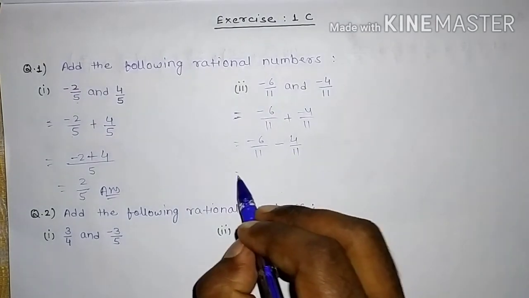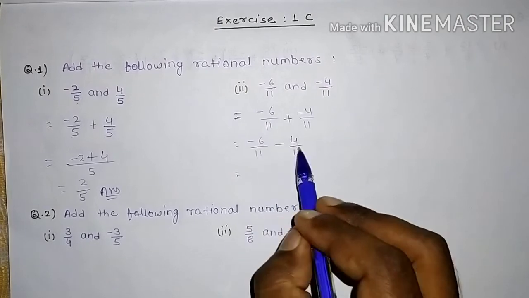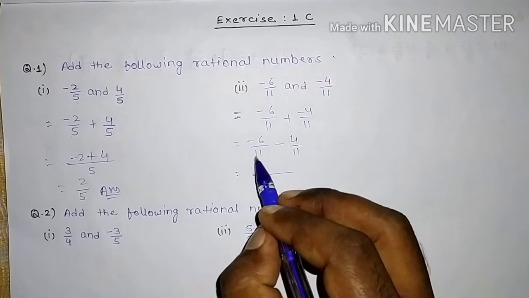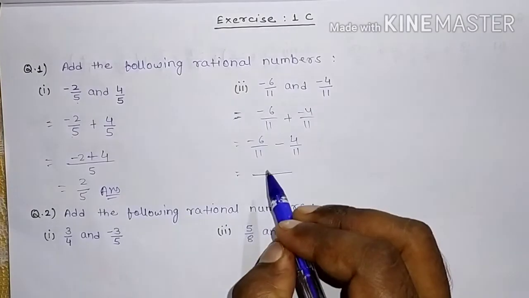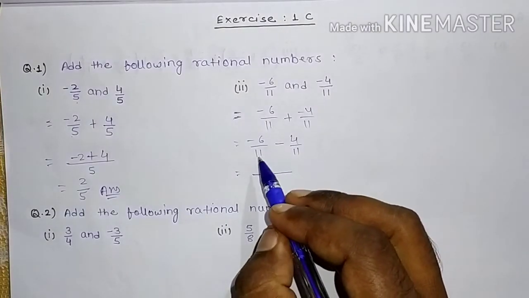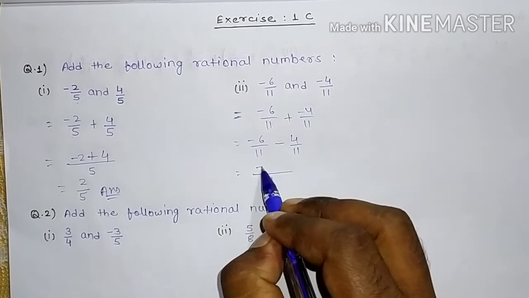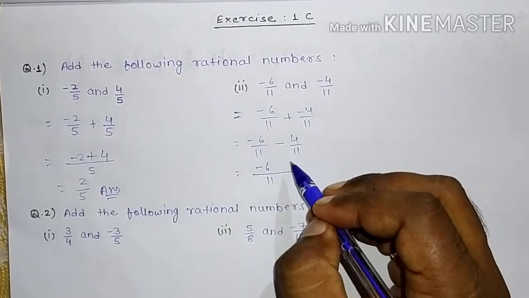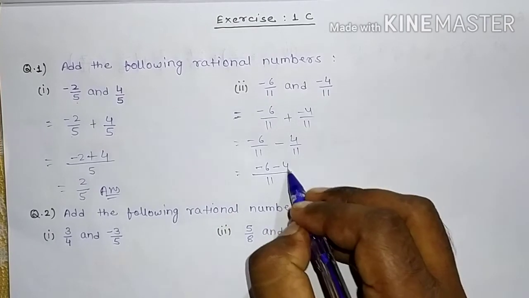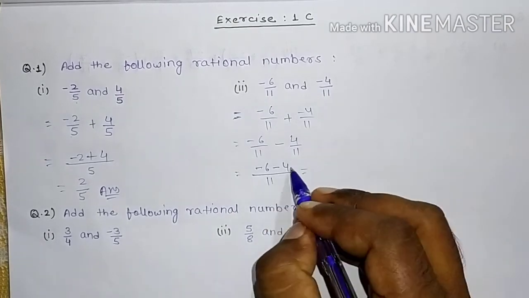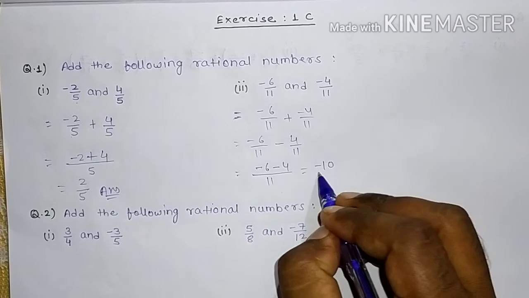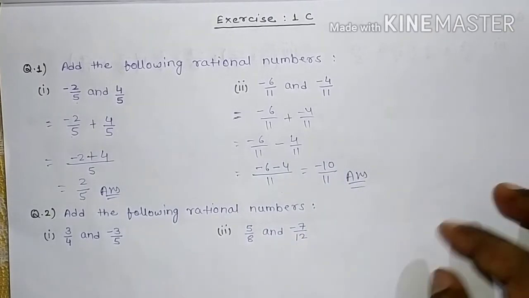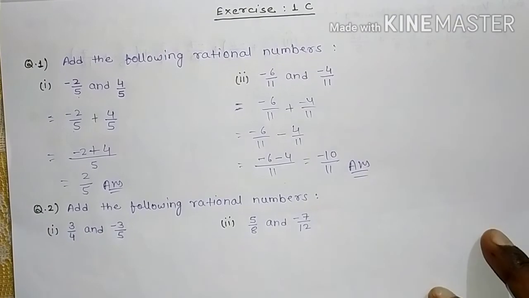Again the denominator of both the numbers are same, so just take LCM of 11 and 11, that is 11 also. So just divide it, 11 by 11, that is 1, and 1 into minus 6, that is minus 6. Again divide 11 by 11, that is 1, and 1 into minus 4, that is minus 4. Now minus 6 minus 4, that is minus 10 upon 11. So this is the answer. Now it's very simple.